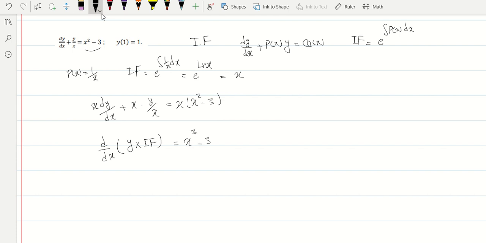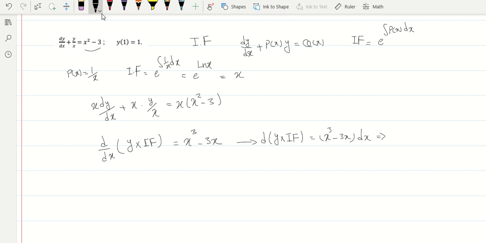x cubed minus 3x. Now, what I want to do now is move this dx to the other side of the equation, so I will be left with dx on the right hand side only. So we have d of y times the integration factor is equal to x cubed minus 3x dx, right? Now I'm just going to substitute the integration factor, which we already got, which was x, with this value in here.